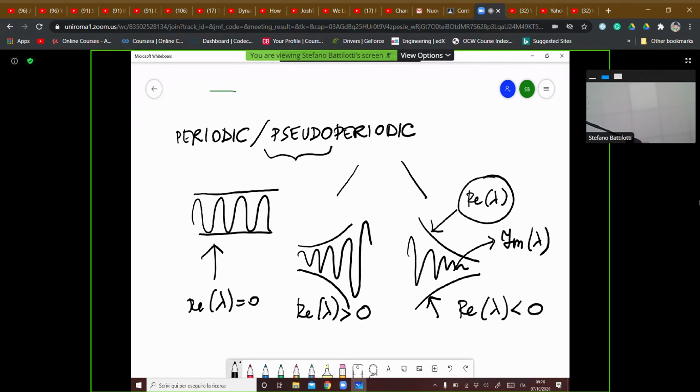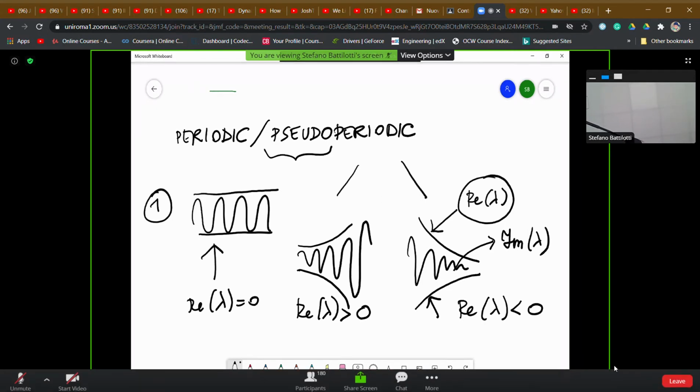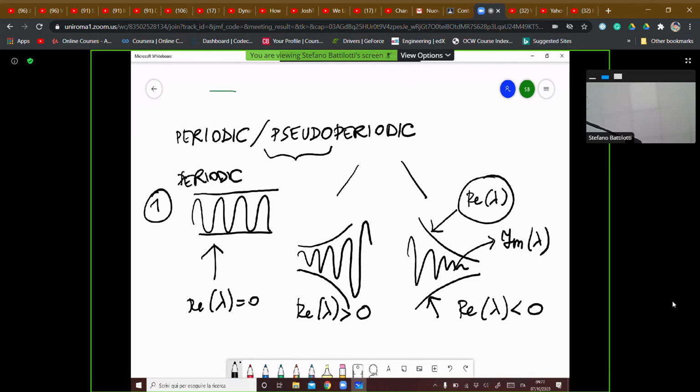So, for example, in this first case, we say that the pseudo-periodic mode is constant. In particular, more precisely, is periodic. So this is the case of periodic mode, where the real part of the eigenvalue is 0.